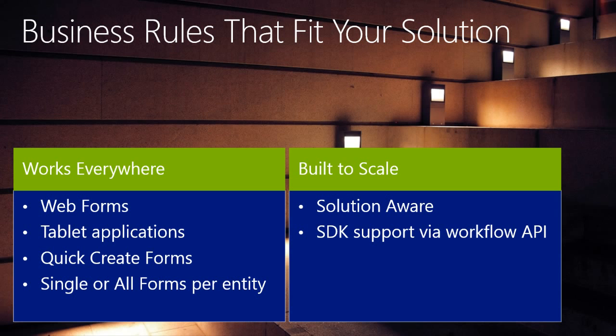Also, the very first time you start creating business rules, they're always created in a deactivated or draft state, and they must be activated to actually start executing, which is similar to how the workflow infrastructure works today in CRM.